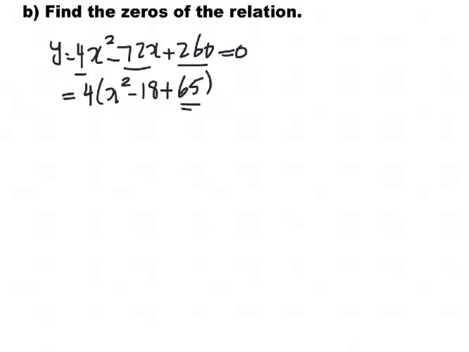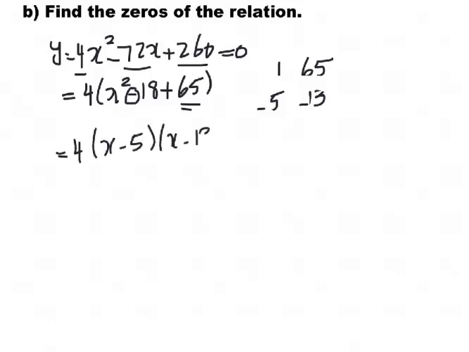Since the leading coefficient is 1, I have to find two numbers whose product is 65 and that add up to negative 18. Those two numbers can be either 1 and 65, or 5 and 13. Look at these pairs. The only one which is going to give me the sum of negative 18 is 5 and 13. If I make both of them negative, negative 13 plus negative 5 gives me negative 18, and the product gives me a positive 65. So I can write this as 4 times x minus 5 times x minus 13.